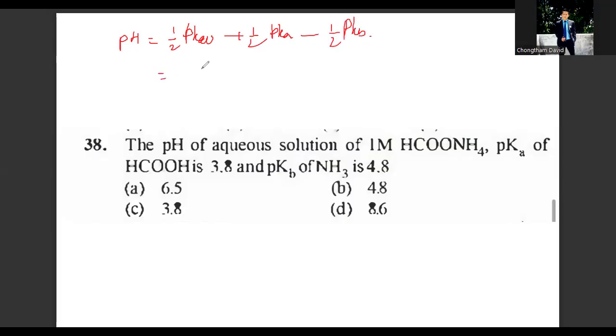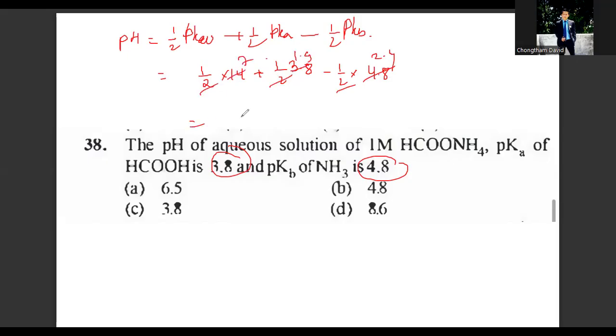So you have 14 from the constants, plus 3.8 as given in the question, minus 4.8. Half of 14 is 7, half of 3.8 is 1.9, half of 4.8 is 2.4. 7 plus 1.9 is 8.9, minus 2.4 gives 6.5. I hope this is crystal clear.